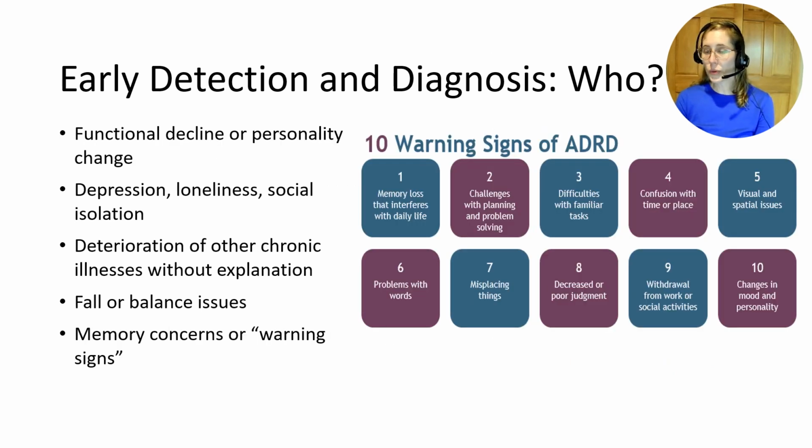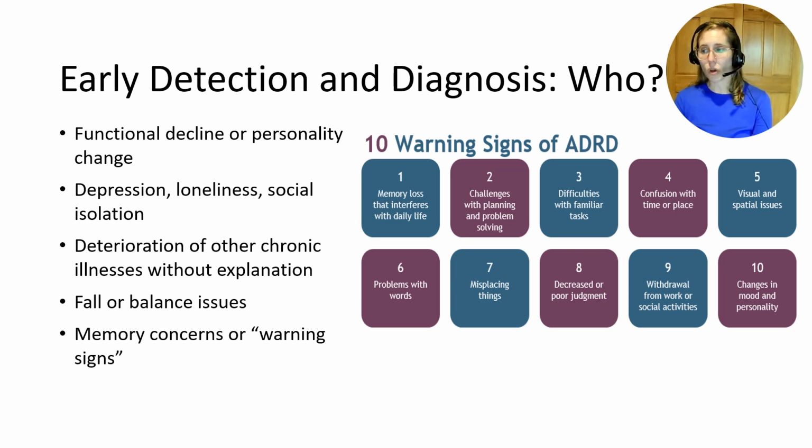So who might you have this conversation with in regards to early detection and diagnosis? Who might you start down this pathway? Well, there are a variety of reasons why you might want to consider doing an evaluation for dementia or Alzheimer's disease.